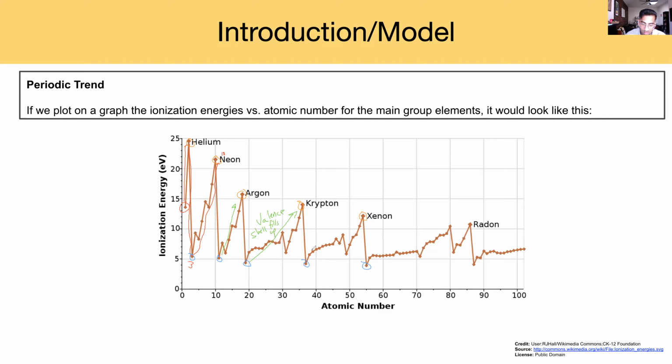Okay, when we get to krypton, we jump to the next element after that, we are adding 1 to a new shell. All right, and now let's think about what each atom really wants to happen. It wants to achieve stability. And if you recall from previous videos of mine, stability is achieved by meeting the Octet Rule, which says that atoms of elements want to have 8 valence electrons in their outer shells, with the sole exceptions being hydrogen and helium, because they only have 1 valence shell, which means they want to have 2 in their outer shells.